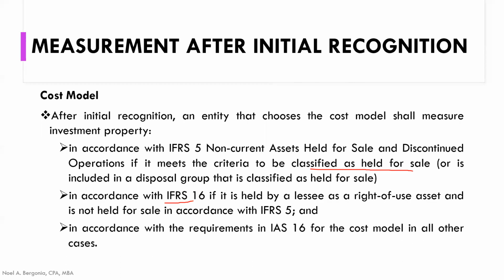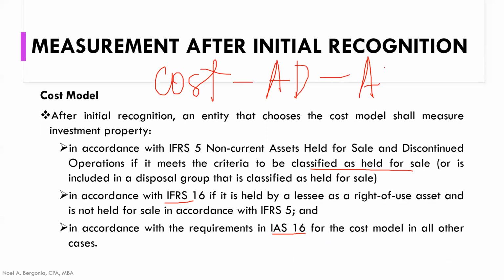Or even, ito yung pinaka-typical na ginagamit natin for cost model under investment property, we apply the cost model under IAS 16. So paano ba yon? The cost model will be costs less accumulated depreciation, less accumulated impairment.